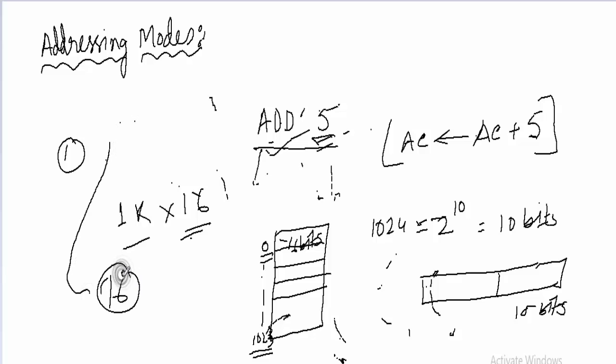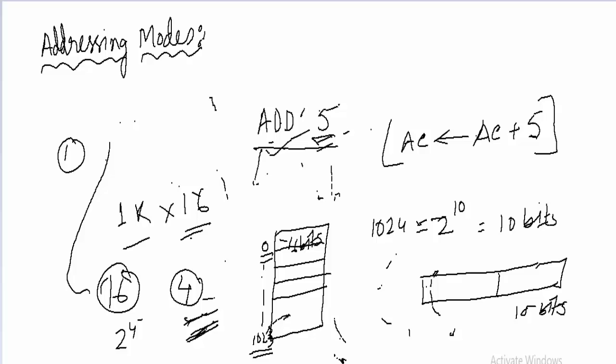In order to identify each register we need 4 bits, because 16 means 2 to the power 4. So if we use registers, then the number of bits required in the instruction field is reduced from 10 to 4. Earlier we needed 10 bits, now if we use a register, we only need 4 bits in the instruction.